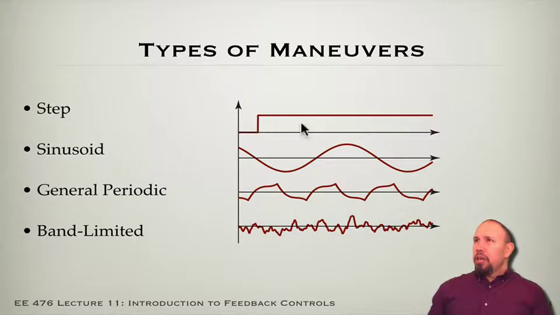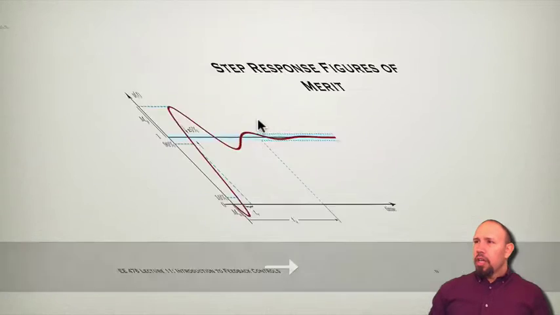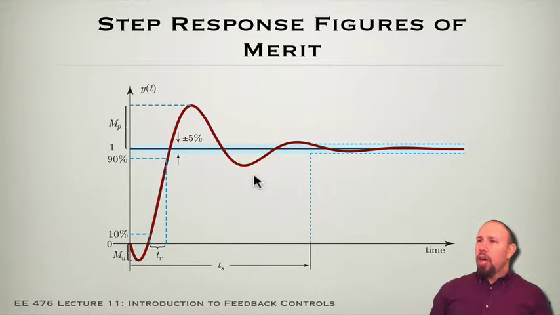Now, as I mentioned, the most common type of maneuver is the step maneuver or step input. And so as a result, there are lots of quantities that are used to define, let's say, a poor step response. And so when you apply a step transition, then the system does something and it eventually settles out. Okay, and so these are some examples of things that could be considered as errors or inaccuracies in the response.